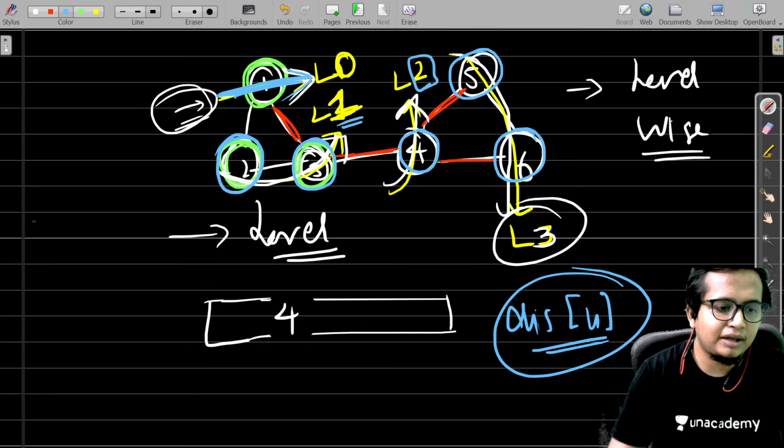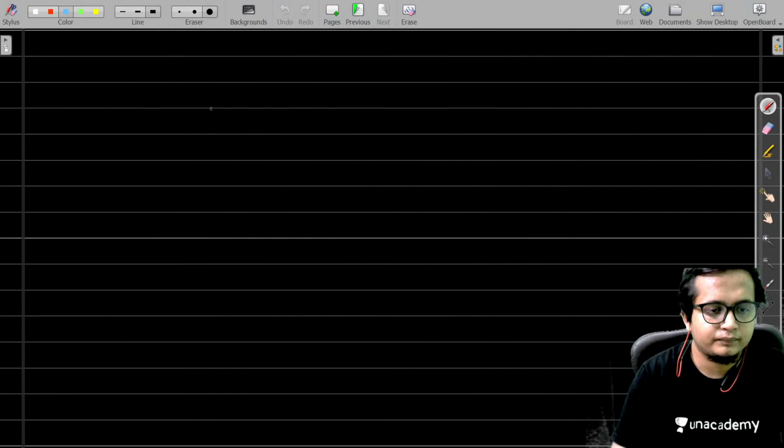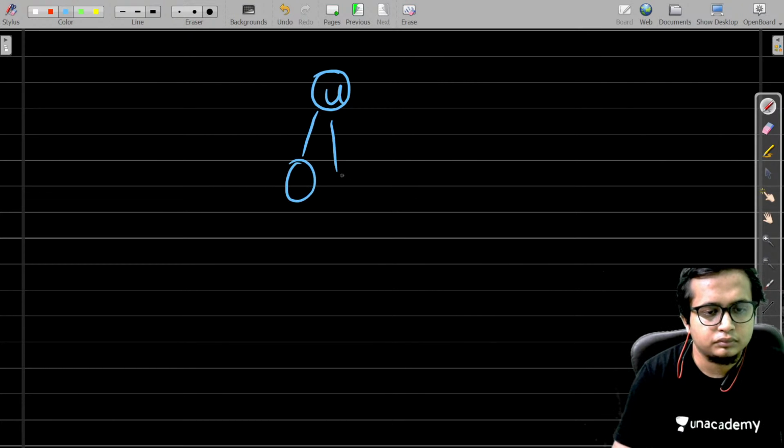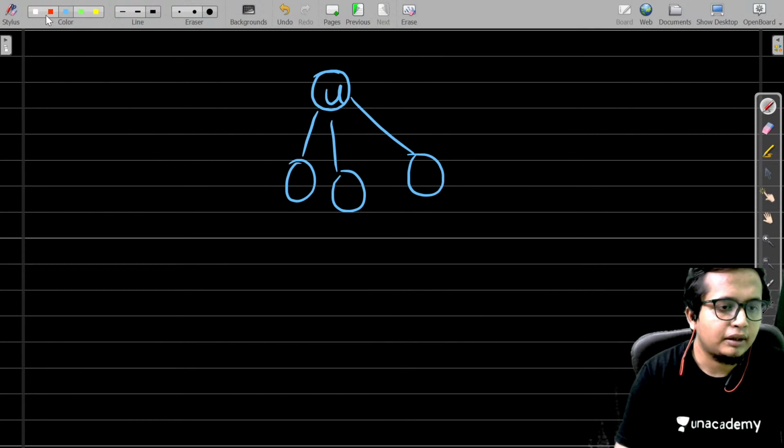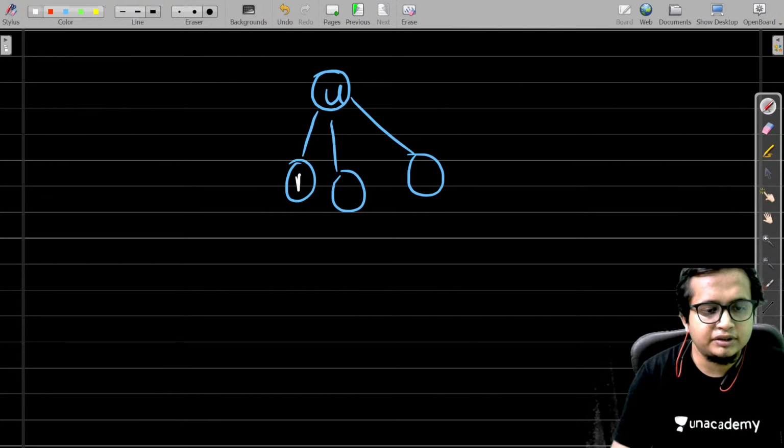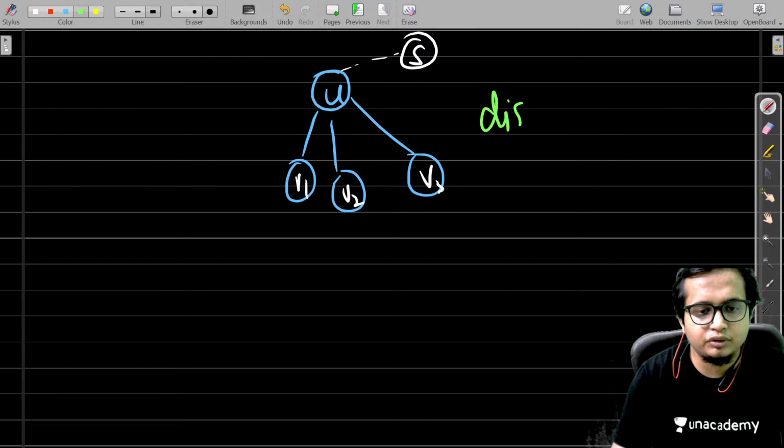So this is something that is very obvious from what we can see. Okay, so see one thing. I suppose I am at some node u, and these are its child nodes, let us say v1, v2, v3. Then suppose this is the source node, let us say s. Suppose I want to find the distance of, let us say, v1.